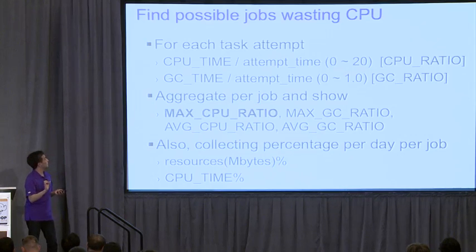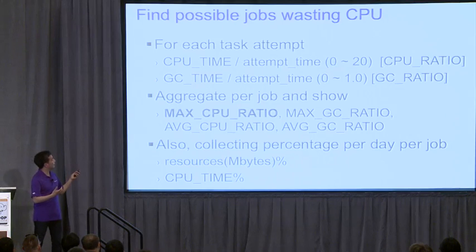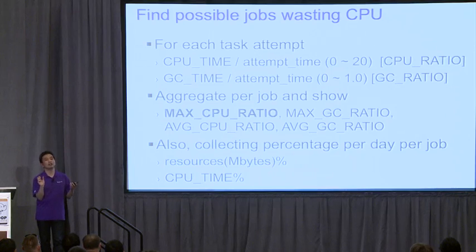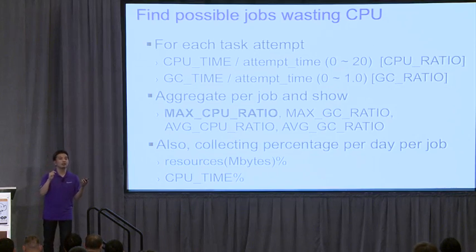The GC time is elapsed time, versus CPU time is aggregated. And then I started getting the max and average. It was important for me to get the max because even if you have a job with 100 reducers and 99 reducers are running fine, I wanted to find if that one remaining reducer is eating 20 CPU threads. I want to know that.